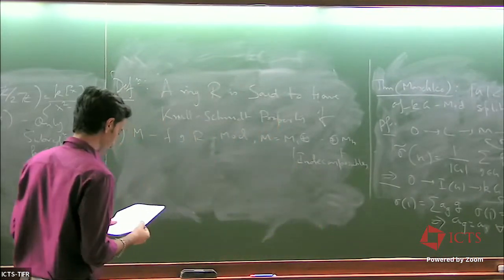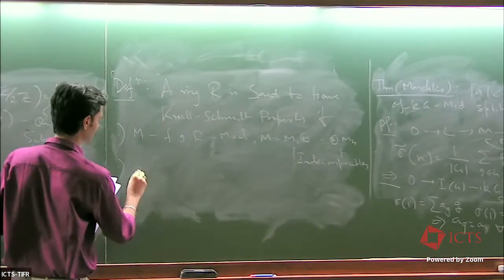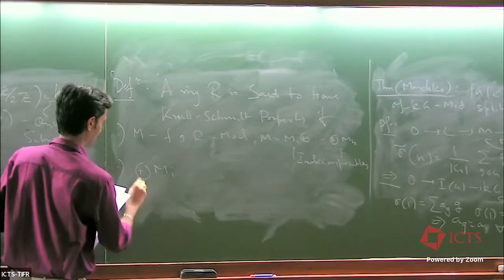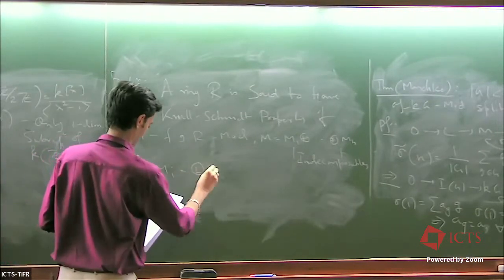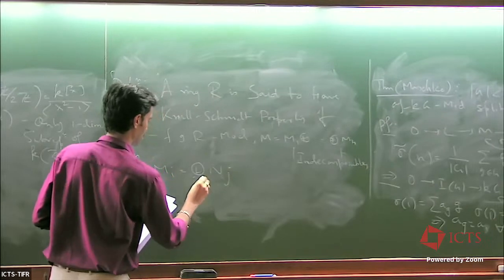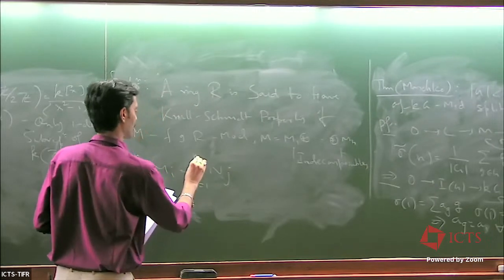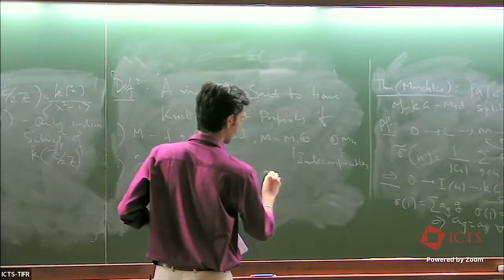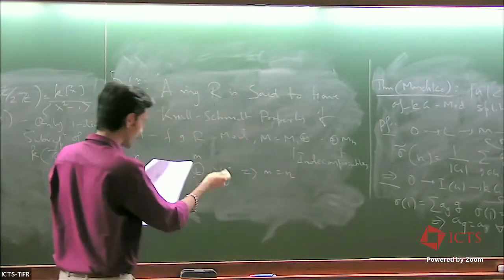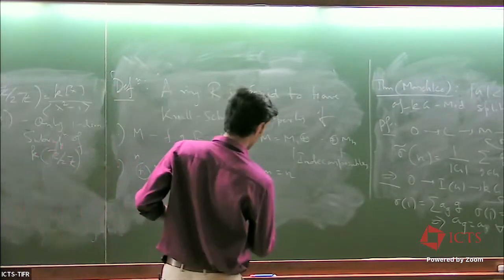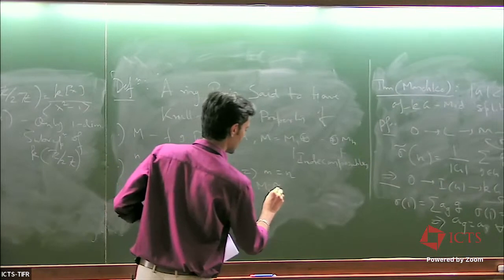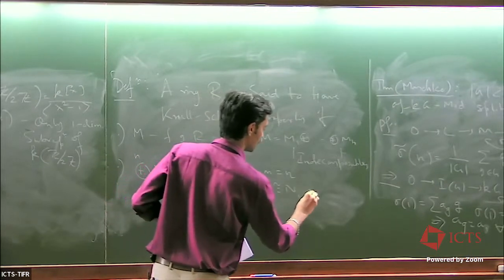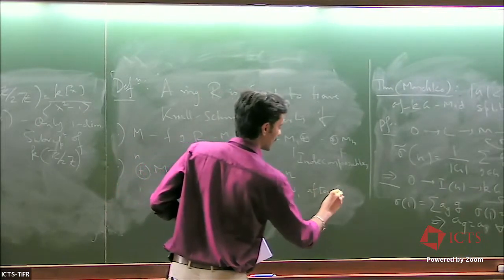And secondly, if we have two decompositions of M, then the number of components is the same, and after a permutation, Mi is isomorphic to Ni for all i.